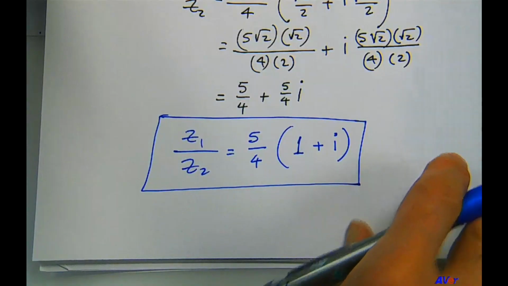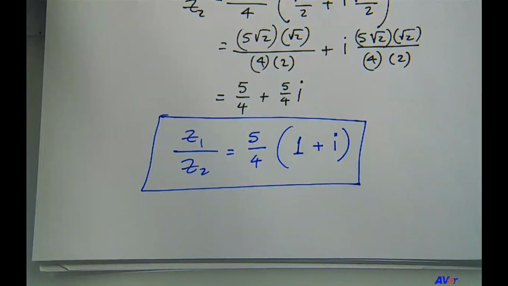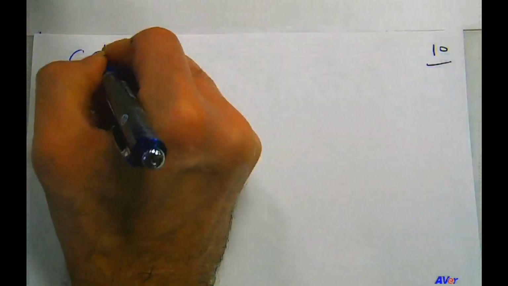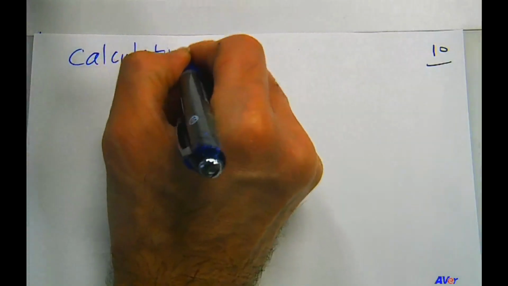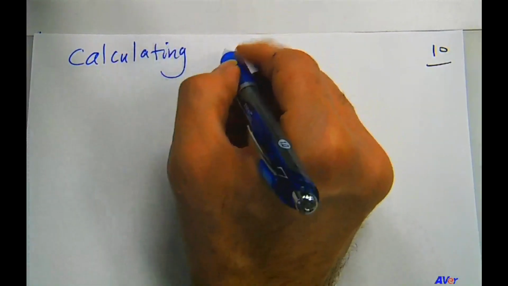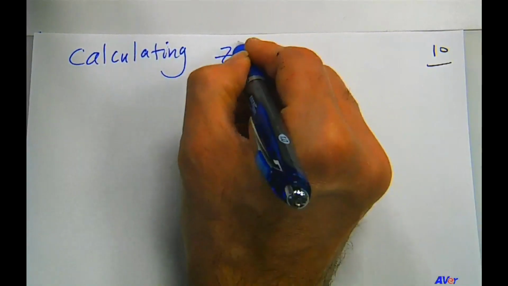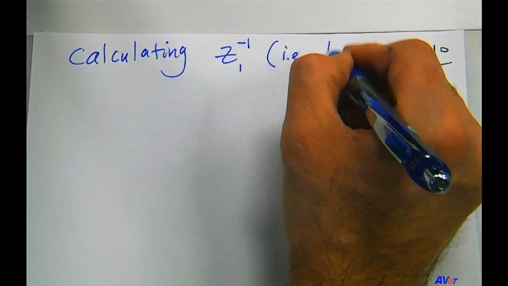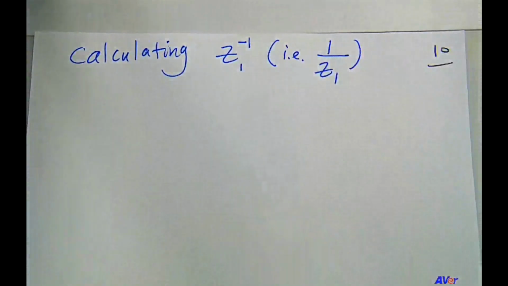So we're still not done with what this problem asked us to do, which is find the inverse of z1. Okay, so let's do that. So this is calculating z1 inverse, i.e. 1 over z1.